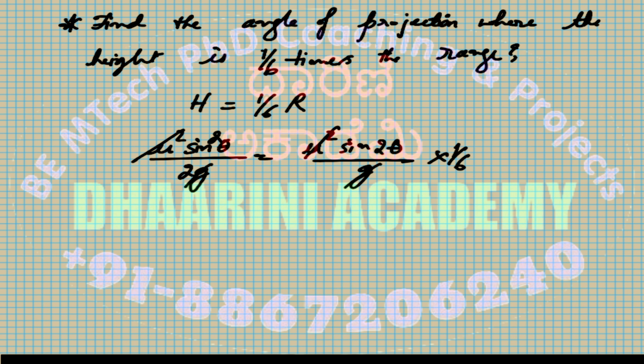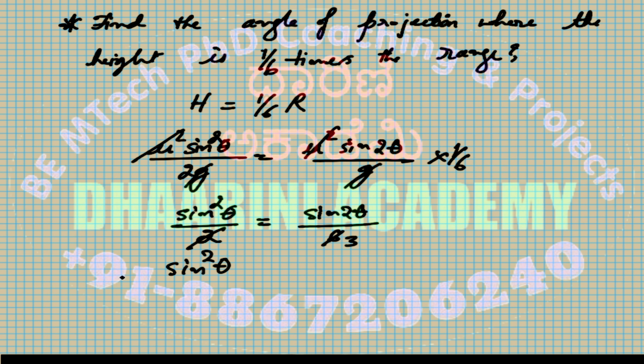Okay, so ultimately sine square theta by 2 equal to sine 2 theta by 6, right? So 3 sine square theta is equal to 2 sine theta cos theta.